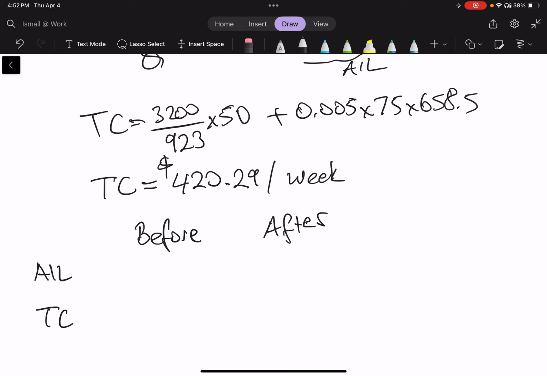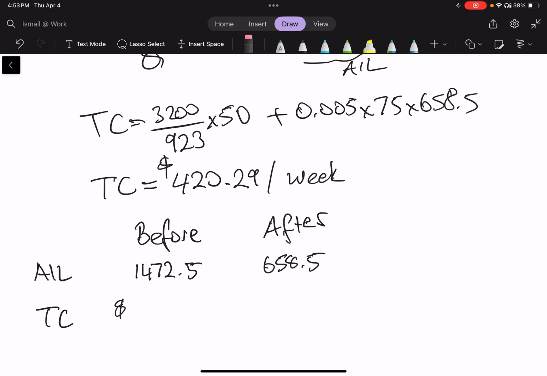Total AIL before the consolidation was 1472.5. After I consolidated, it reduced to 658.5.